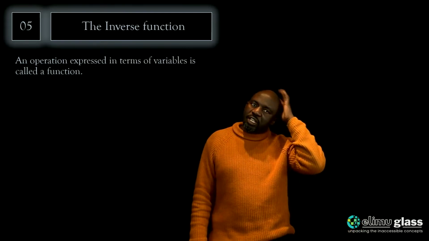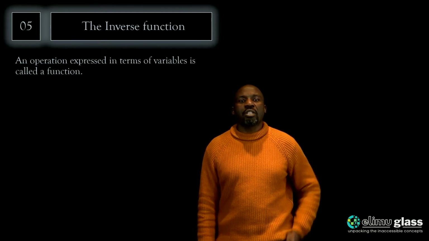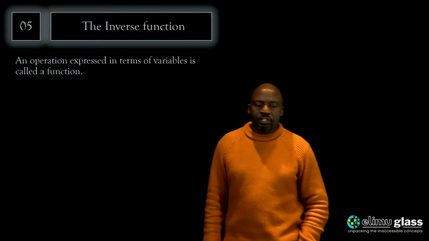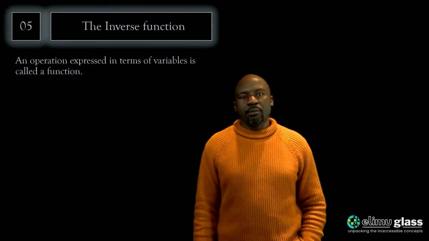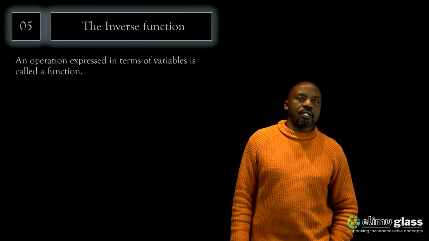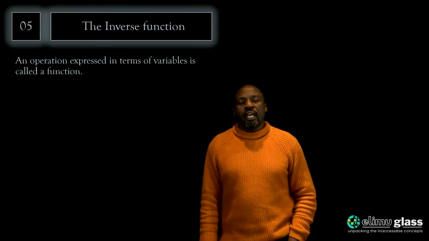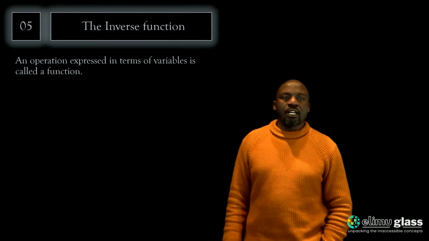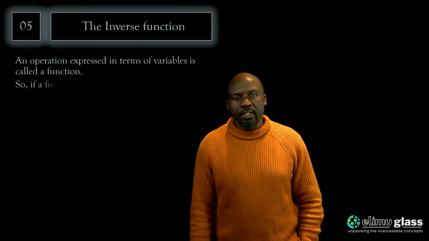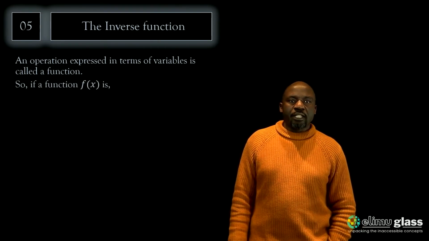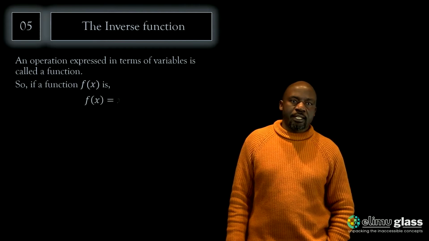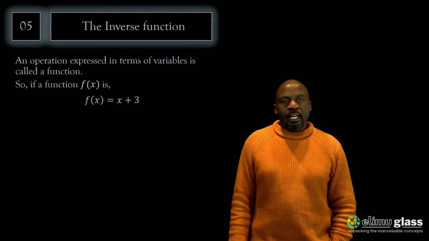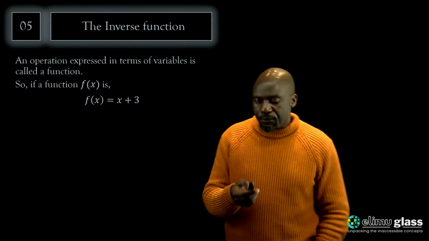Okay. So the inverse function. So we've been talking about inverse operation. Let's now talk about the inverse function. If an operation is expressed in terms of a variable, like x plus 3, like I said earlier, then such an operation is referred to as a function. So, for example, if a function f of x is given by f of x is x plus 3, then we refer to this as the function.